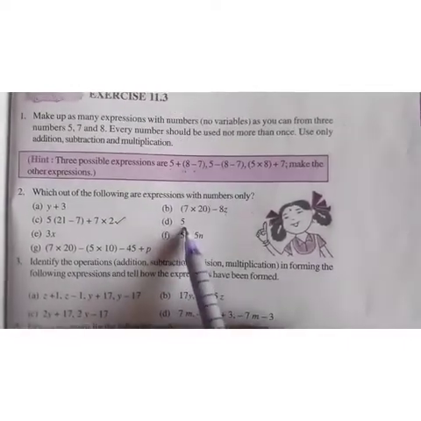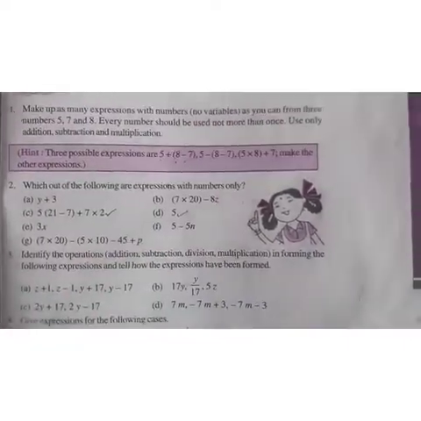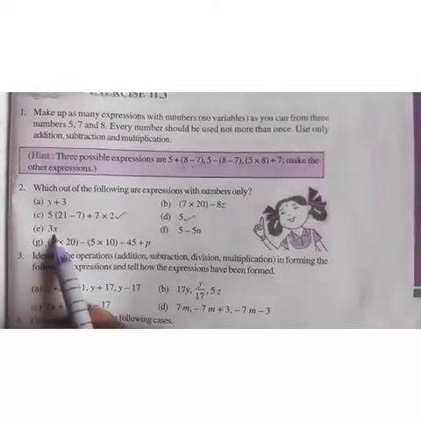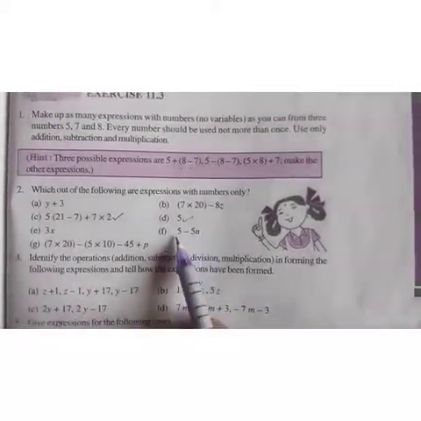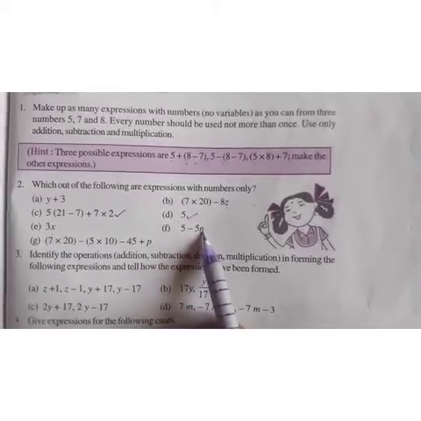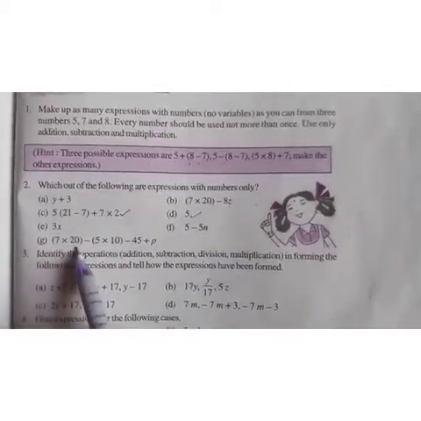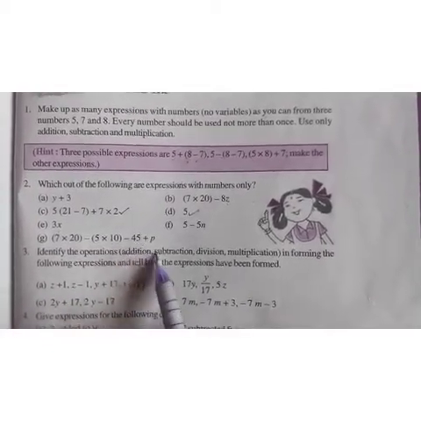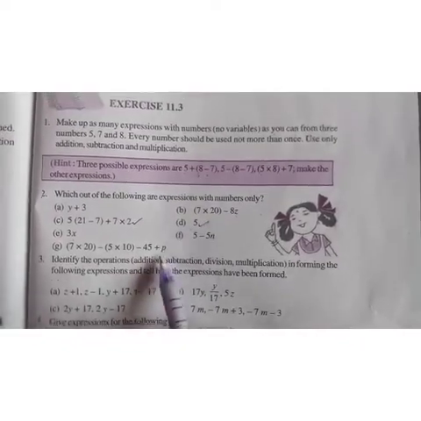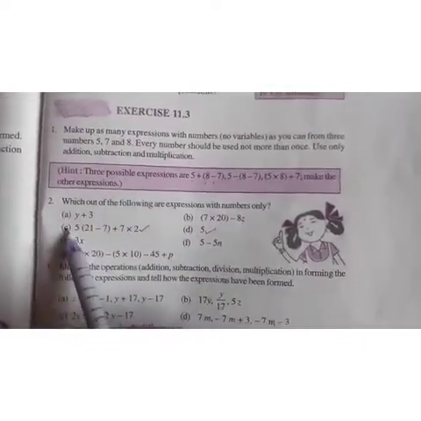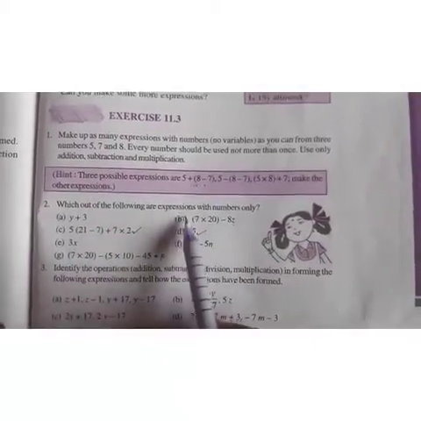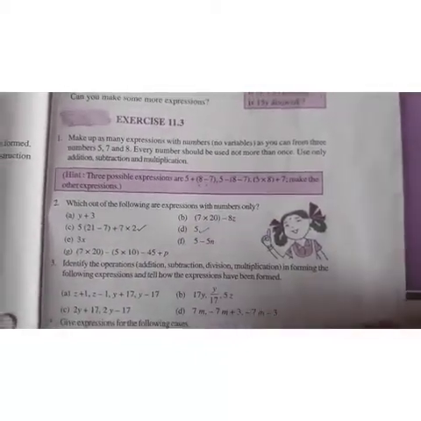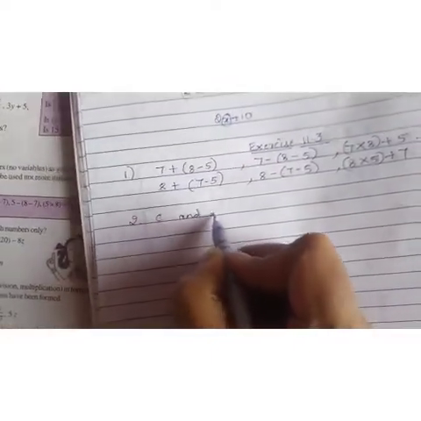Next, D, we have only 5, so this is also an expression with numbers only. E, 3x, it has a variable. F, 5 minus 5n, again it has a variable. G, 7 into 20 minus 5 into 10 minus 45 plus p, again we have the variable p. So children, among all these only C and D are the expressions with numbers only. So you write the answer C and D.